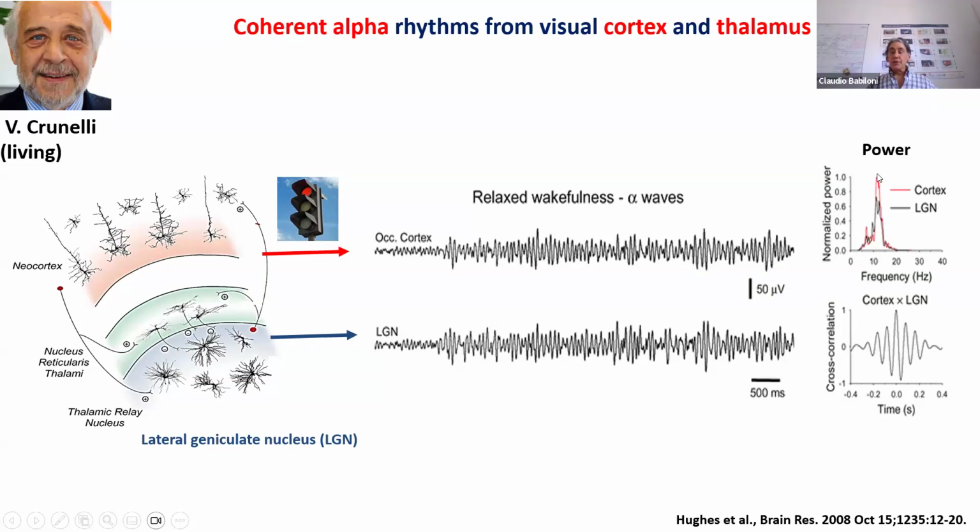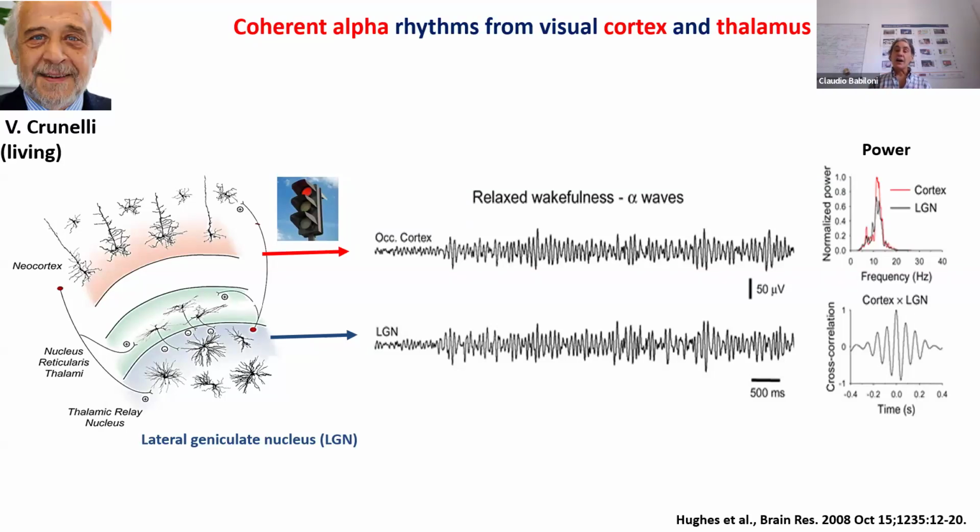And when you compute the power density spectrum from the EEG, local field potentials from the occipital cortex and the lateral geniculate nucleus, there is a difference between electroencephalographic activity and the local field potentials, which is related to the dimension of the recording electrodes.